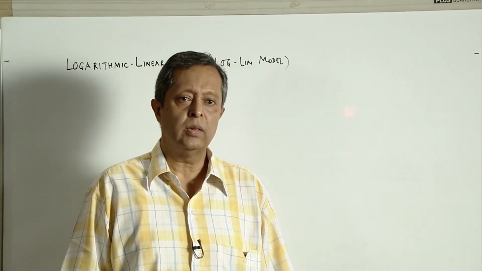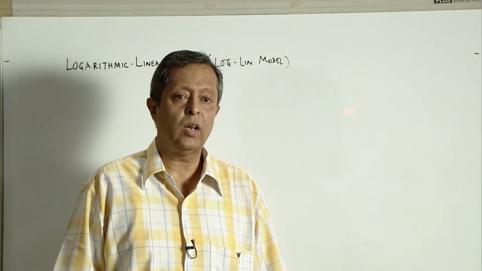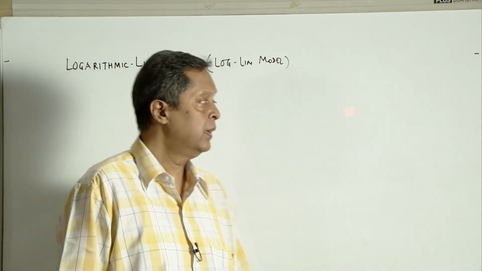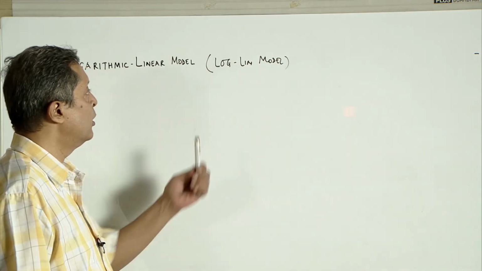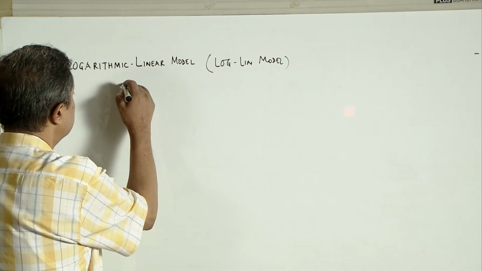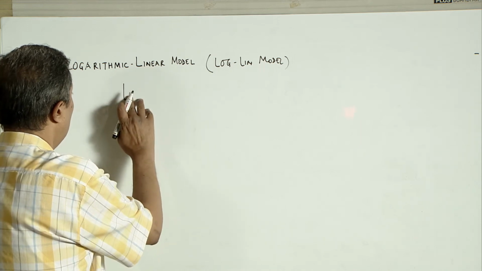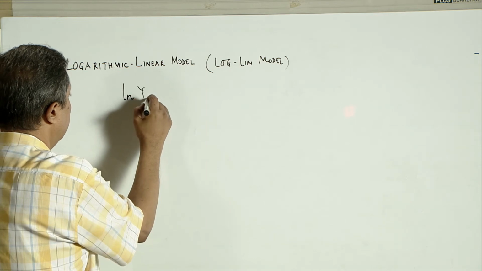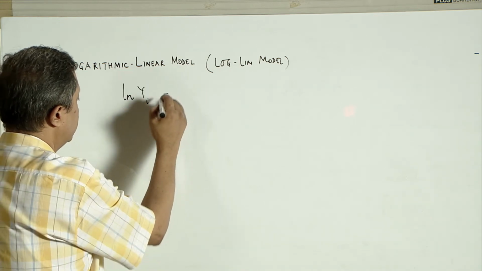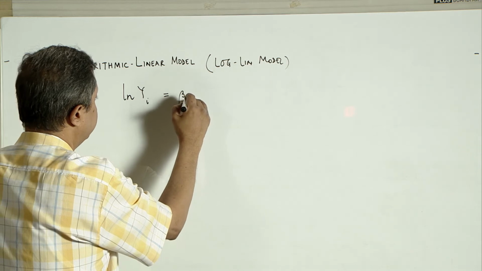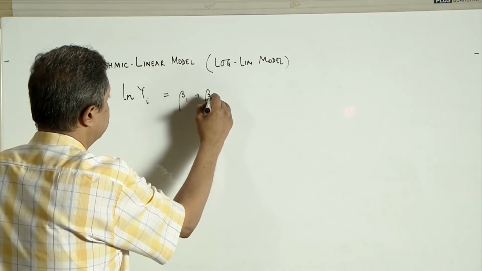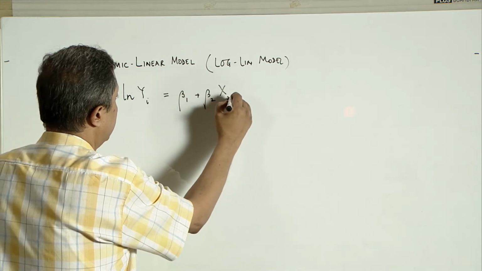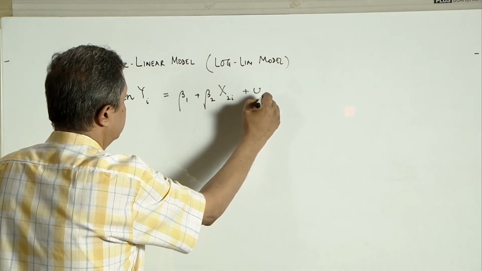So, now we take a look at log lin models, that means models where log y, or in natural logarithms ln y, is regressed on variable x2 plus u.